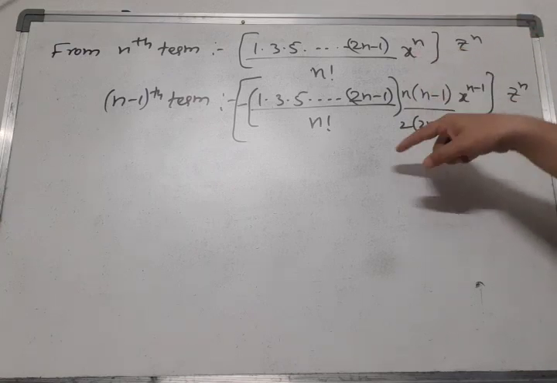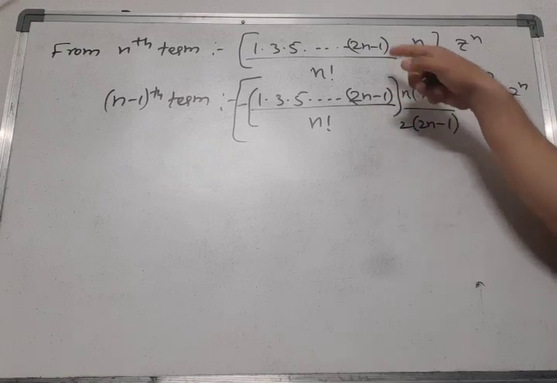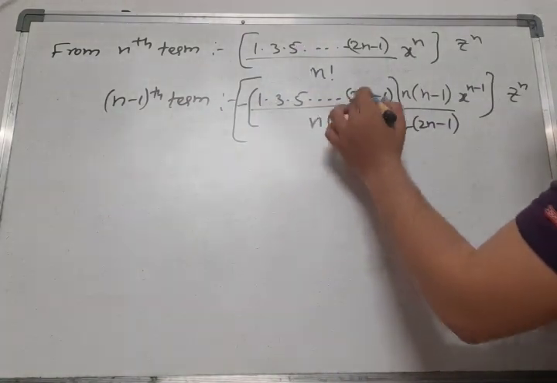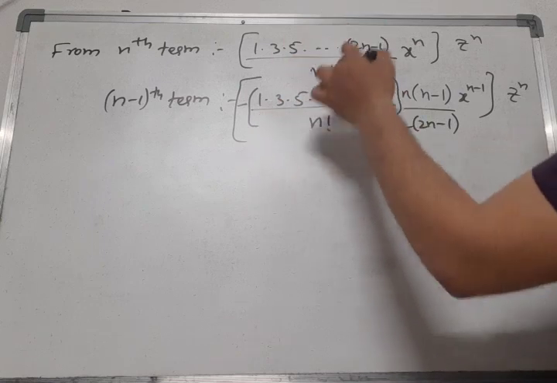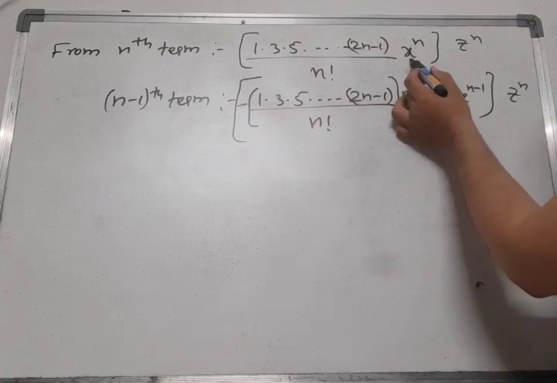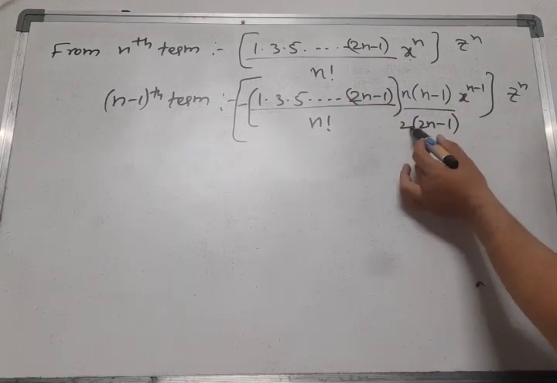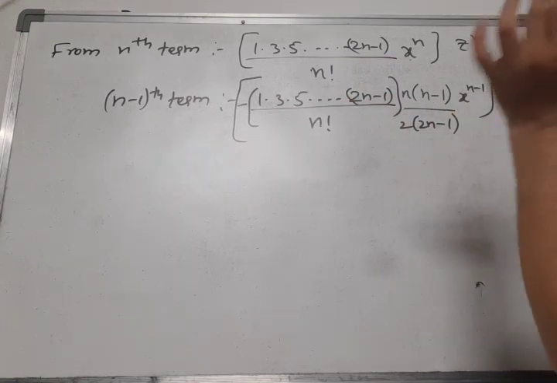Now we can add these two terms, right? If you add these two terms, what happens? Let us see. In both the terms, what is common? This term is common, right? So x to the power of n will remain here, minus n into n minus 1, x to the power of n minus 1 by 2 into 2n minus 1 is the answer, right?